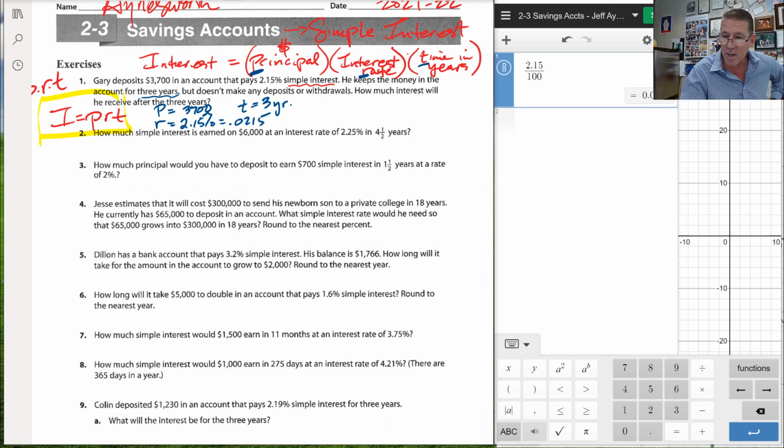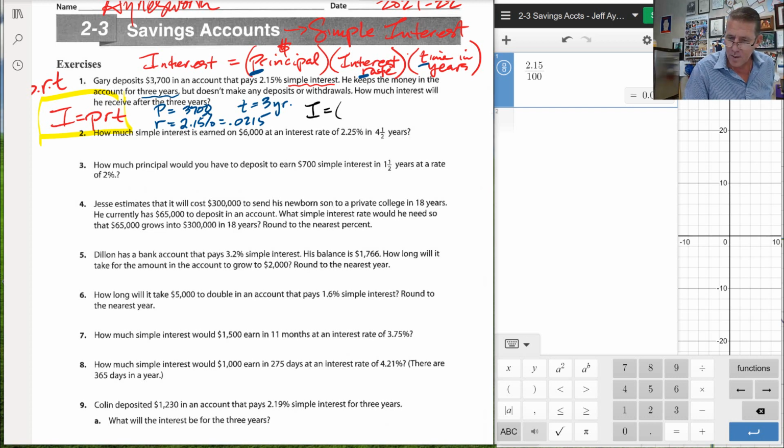Very, very, muy importante. The question is, if he keeps it in there for 3 years but doesn't make any deposits or withdrawals, so he just puts it in the account and lets it sit for 3 years, how much interest will he receive after 3 years? So let's calculate it. Very simple.